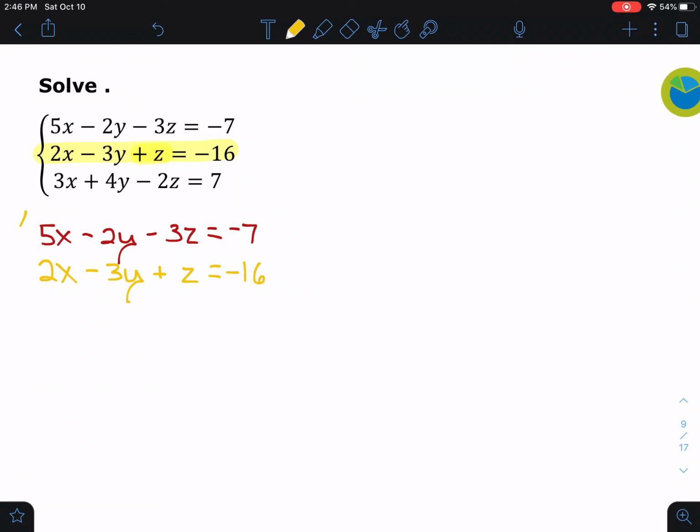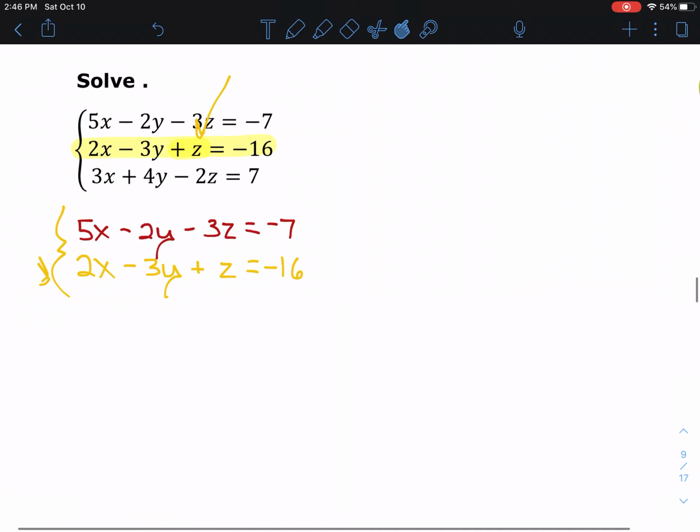Okay, so now remember, we are eliminating z. If I want to eliminate z here, I'm going to have to multiply this bottom equation by 3. Let's see if I can move this over a little. There we go.